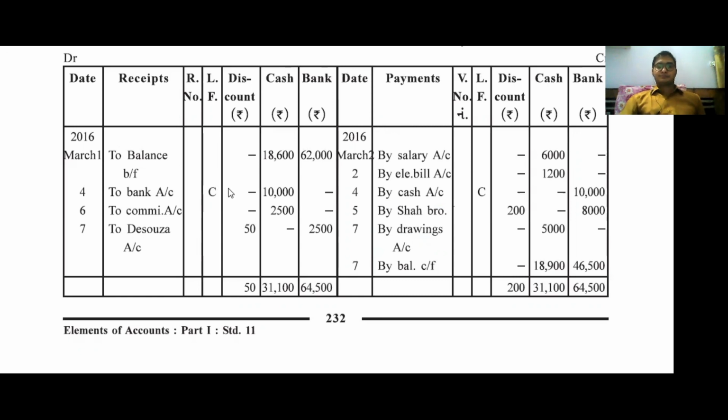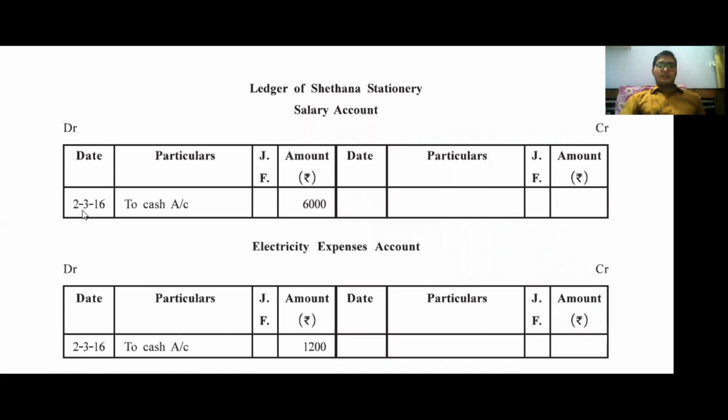Now we have to do the ledger posting in these accounts. First of all, salary account. This one is recorded on the credit side of the cash book, so now in the salary account we have to record on the debit side. Date 2, amount 6,000, to cash.